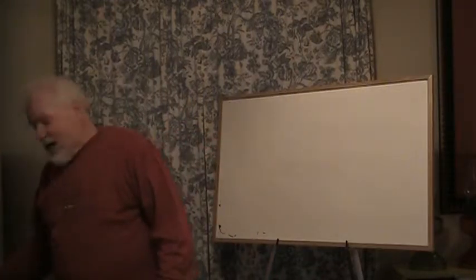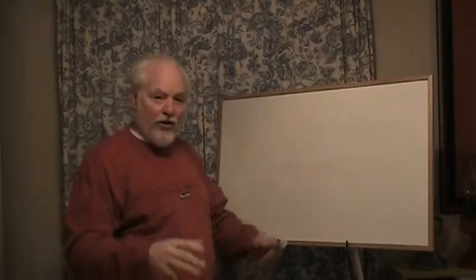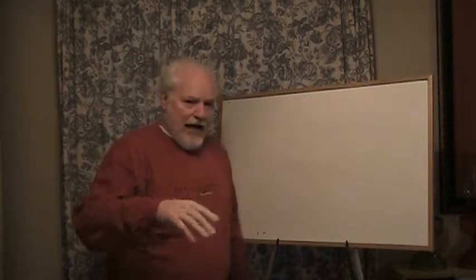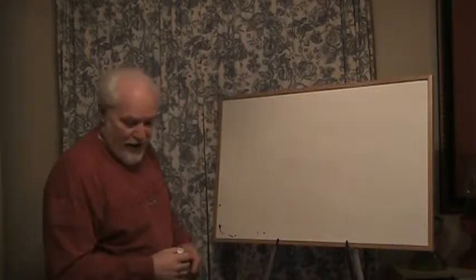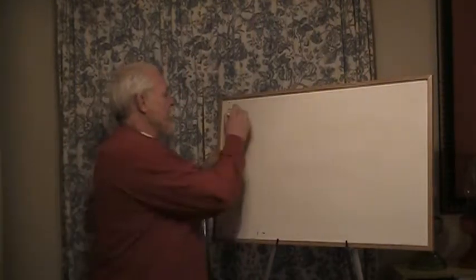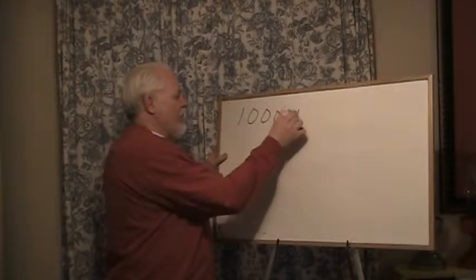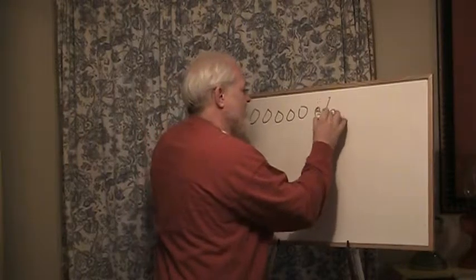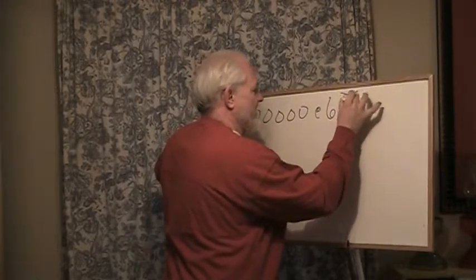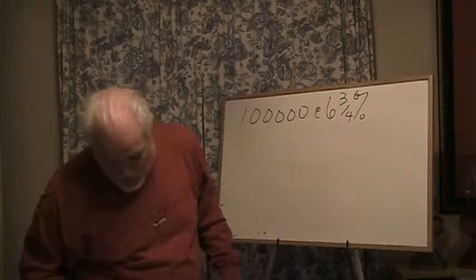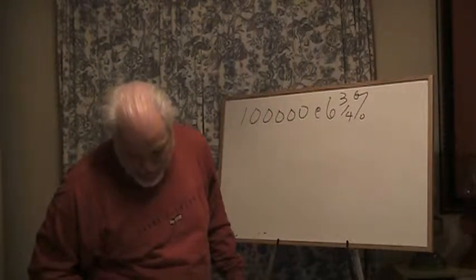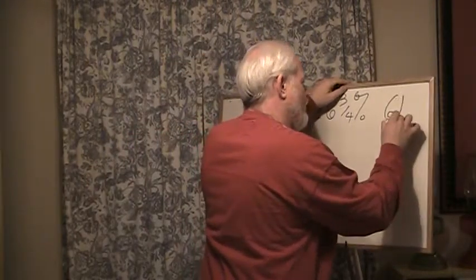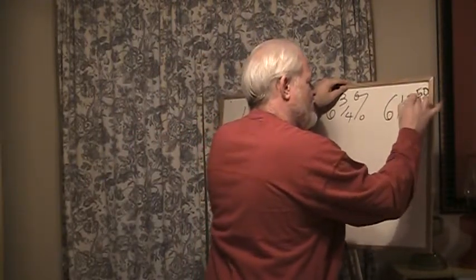payment. When we have a loan that pays itself off, it's called an amortized loan. Amortize means to kill or extinguish, and so we extinguish the loan by making principal and interest payments. So if we borrowed $100,000 at 6 3/4% interest, and our payments were $612.50.